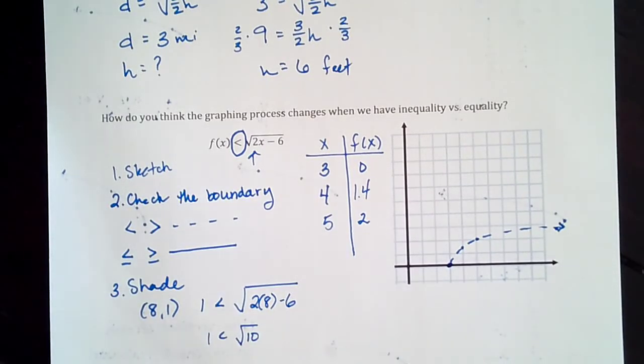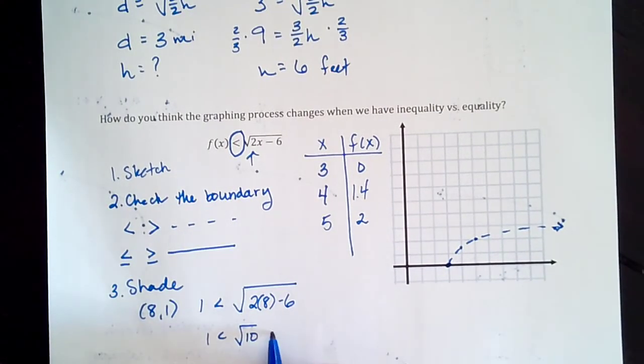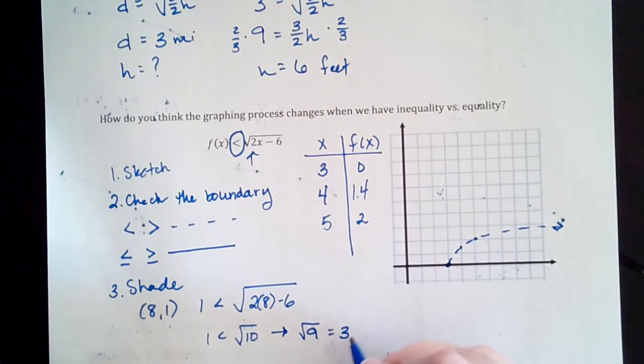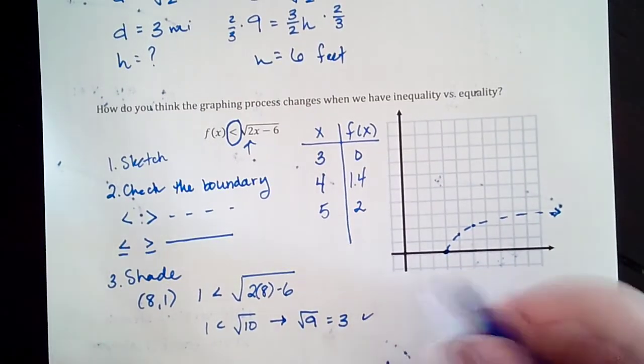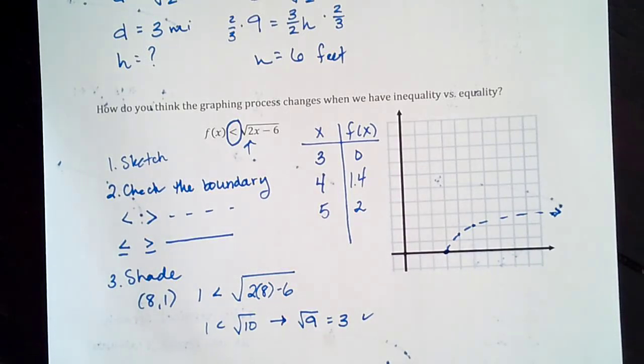I don't necessarily know off the top of my head, but I can tell you that the square root of 9 is equal to 3. And I know that the square root of 10 is bigger than the square root of 9. So is 1 less than 3? Yeah, it is. This is just an approximation. You can also throw that in a calculator to check. But that's my fast, simple way of doing it.